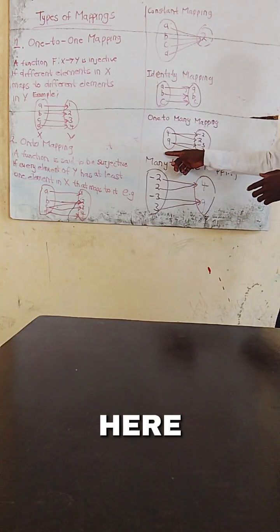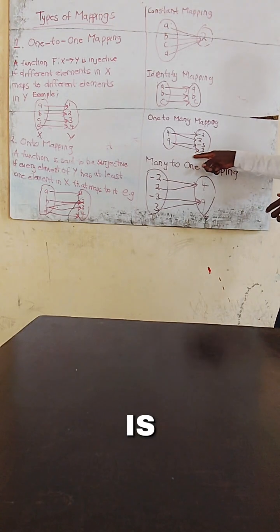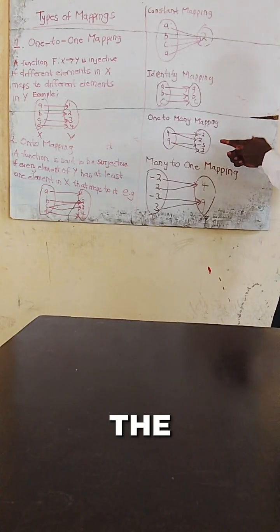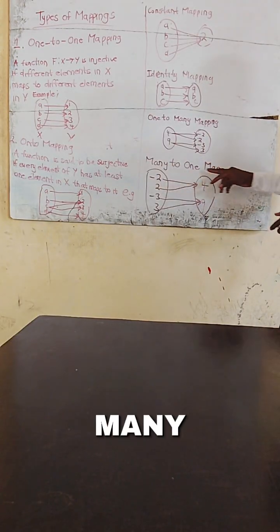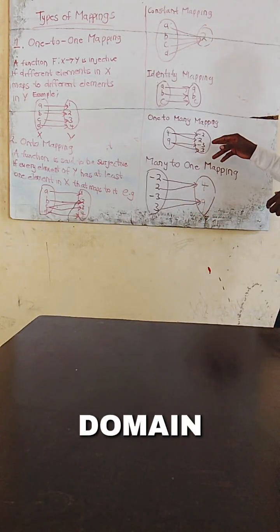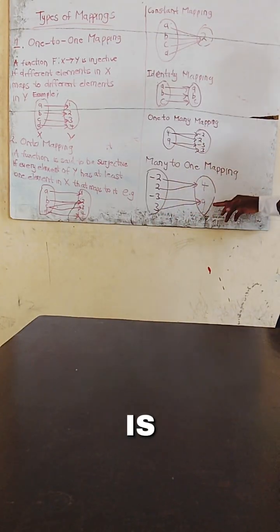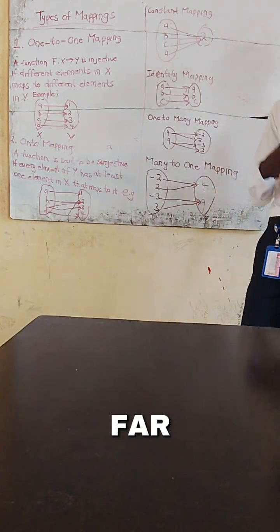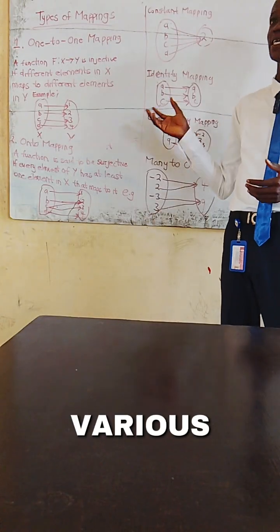The domain here is producing the results here, so the codomain will become the domain, while the domain will become the what? Codomain. In this illustration I've given you so far, I hope you understand the various types of mapping.